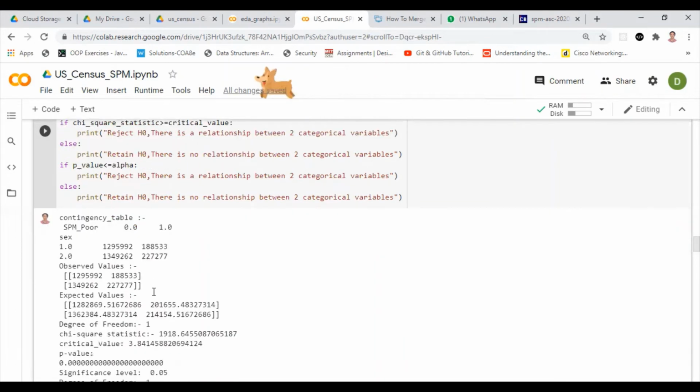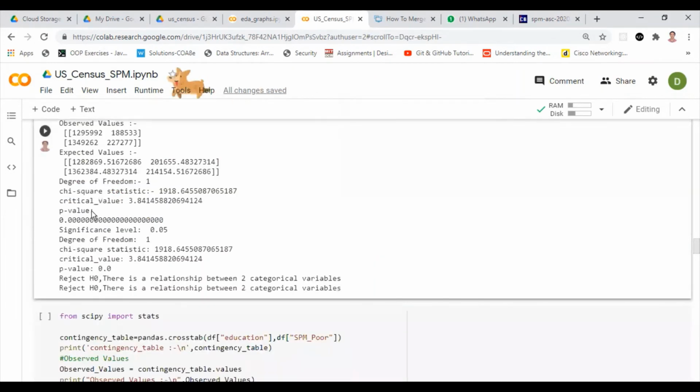Here it can be observed that the p-value is less than the level of significance 0.05, which probably means that there is a correlation between gender and poverty.